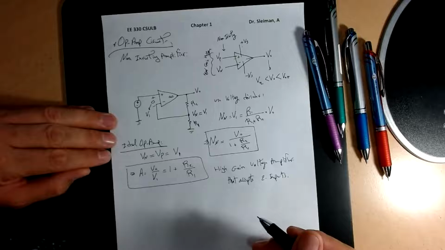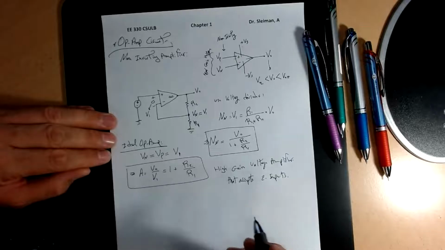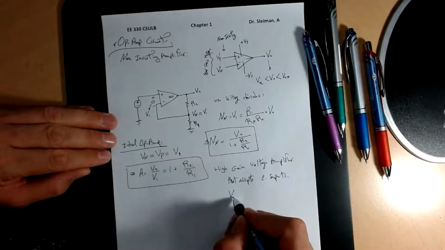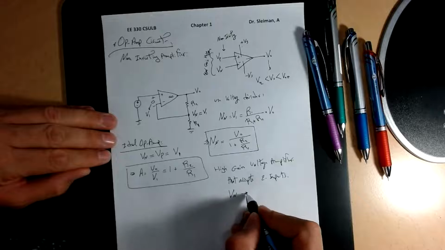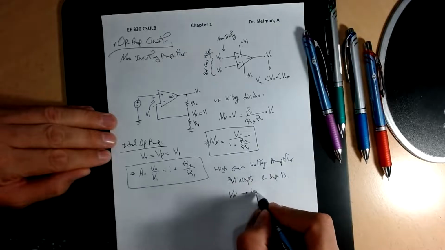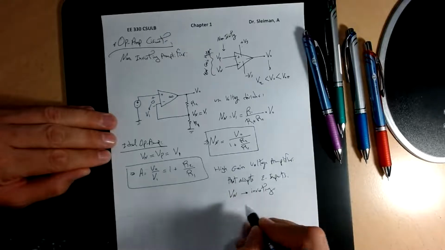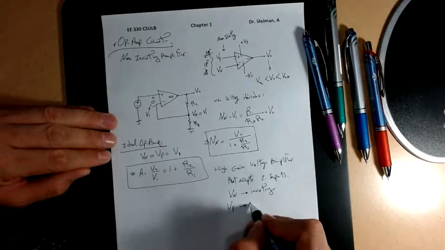In this term, we can call those 2 inputs Vn, which is the inverting input, and Vp, which is the non-inverting.